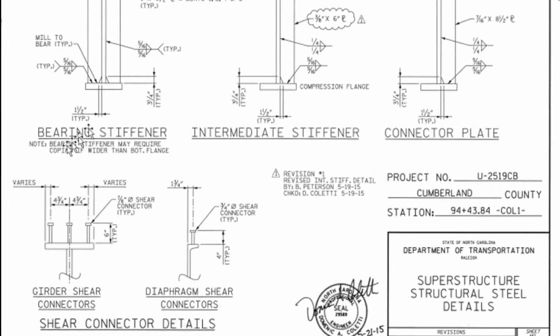We have bearing stiffener detail, intermediate stiffener, connector plate. So intermediate and bearing stiffener. So we have what? 3/4 inch. So 3/4 inch, that amount.